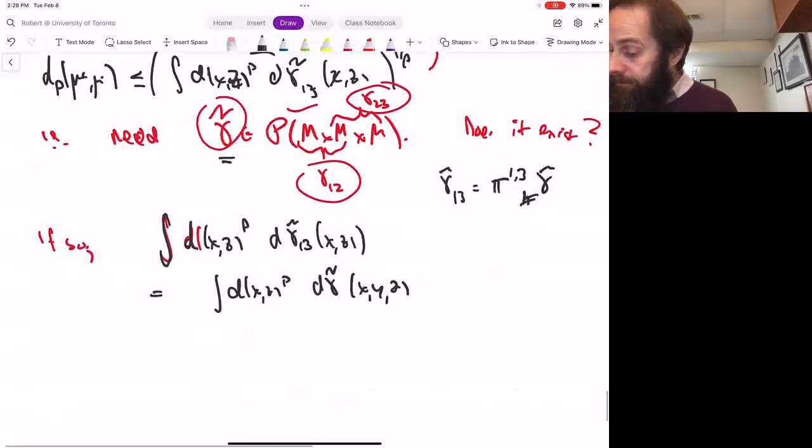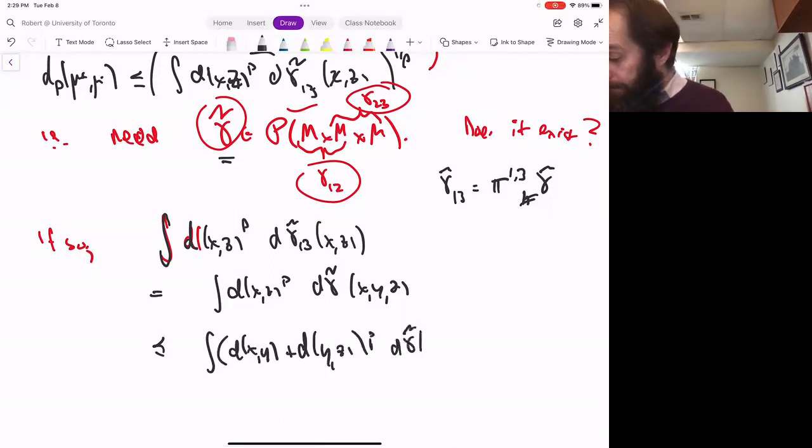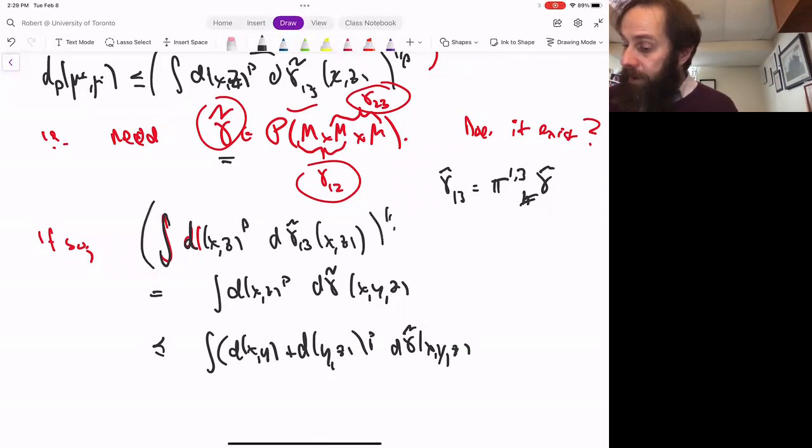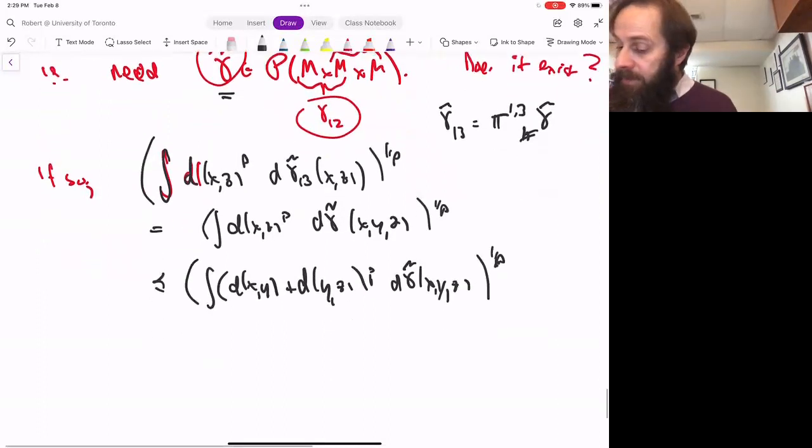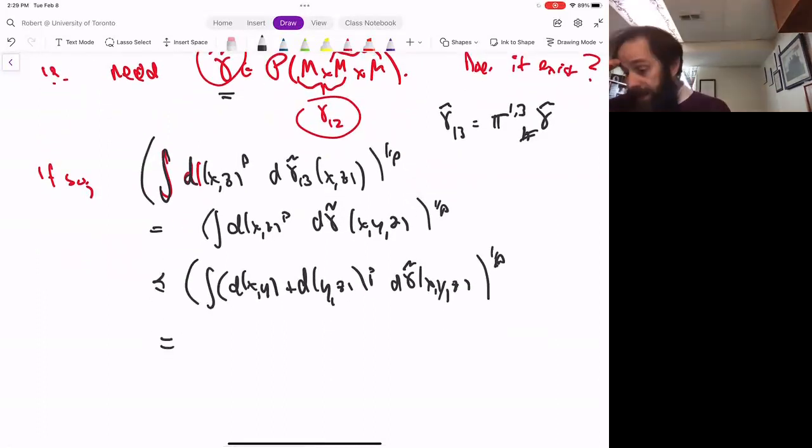And I can also, by the triangle inequality, say this is of course less than d_xy plus d_yz. And I'm really interested in the pth root of this after all. And you might recognize this as, well, does anyone recognize what that quantity there is?